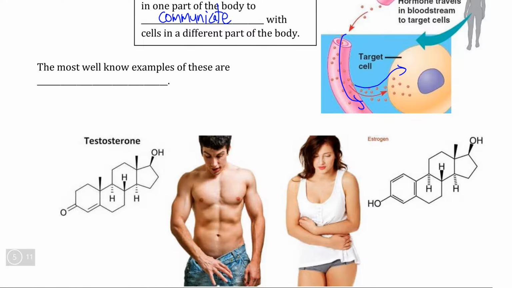And the most well-known examples of these chemical messengers are, of course, the sex hormones that are produced by a specific gland in the brain called the pituitary gland.